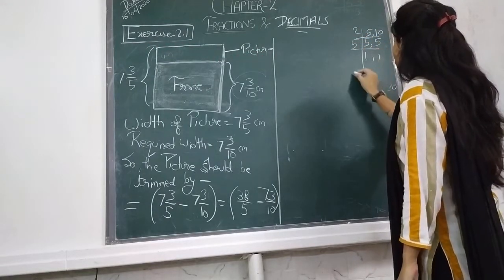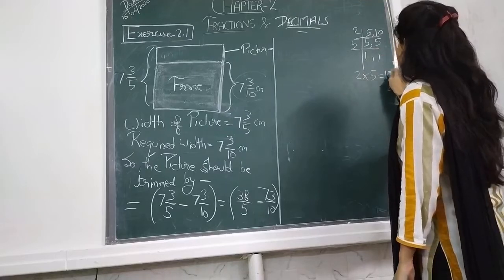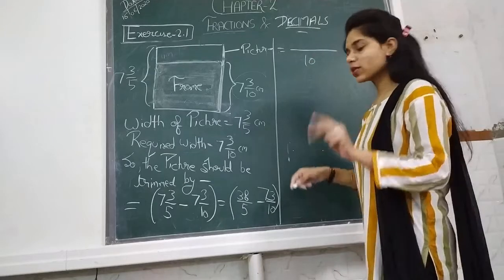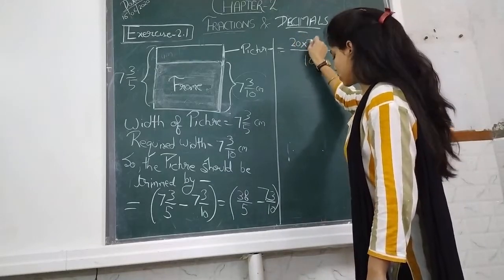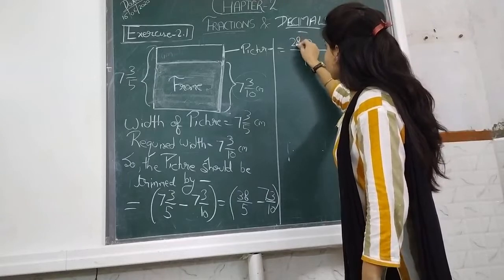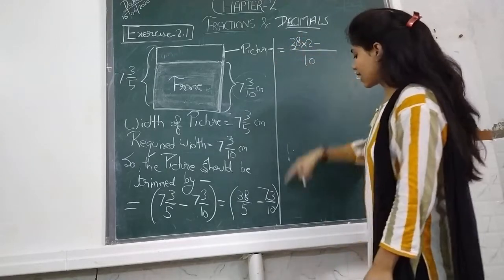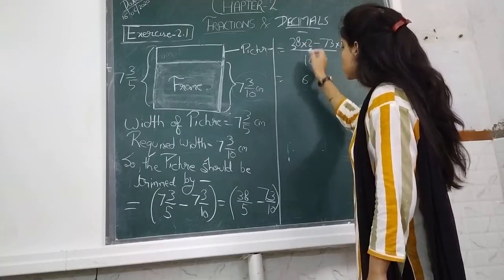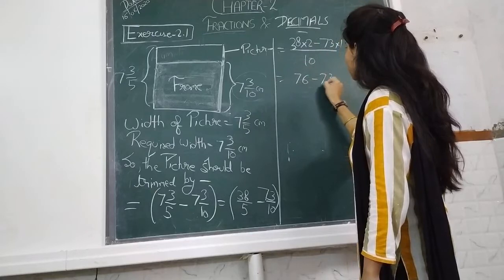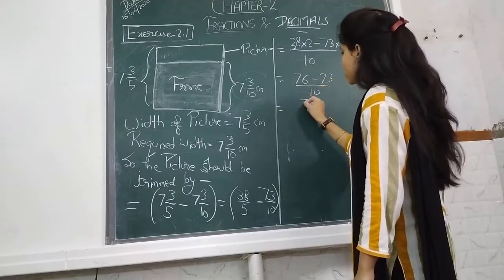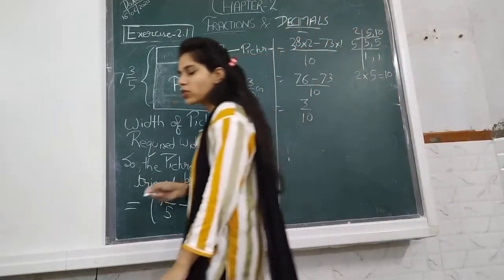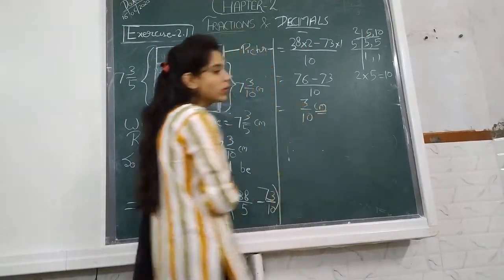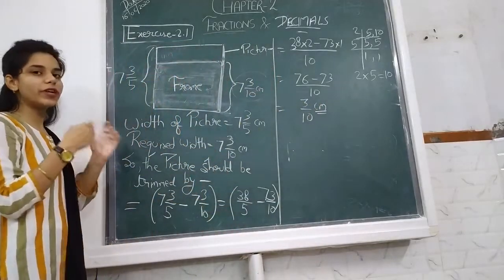So 2 into 5 will give you 10. So this will be 10. 5 twos are 10, so multiply that 2 with it. 38 into 2, minus 10 ones are 10, so 73 into 1. 2 eights are 16, 2 threes are 6 plus 1, 7, minus 73 upon 10. So we will get 3 upon 10. So 3 upon 10 centimeter width we have to trim from this picture to fit it into the frame.